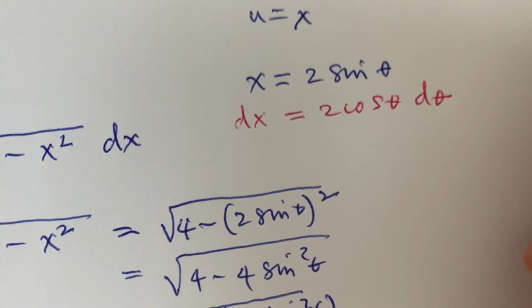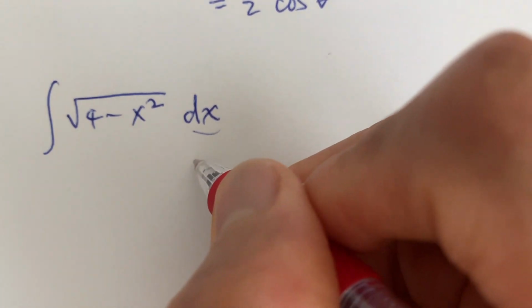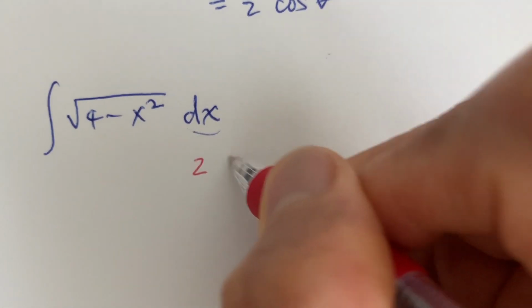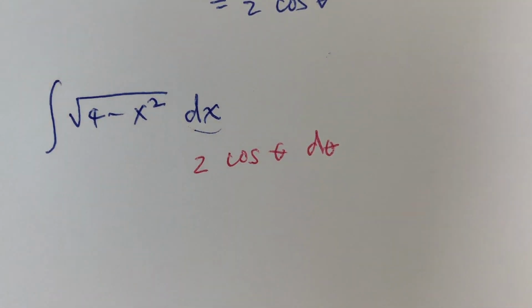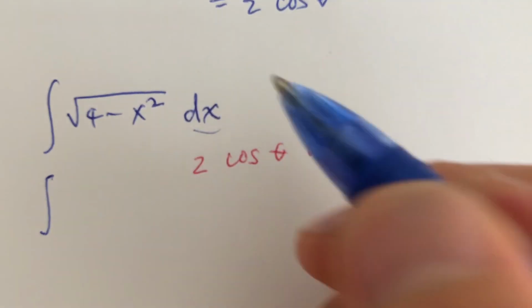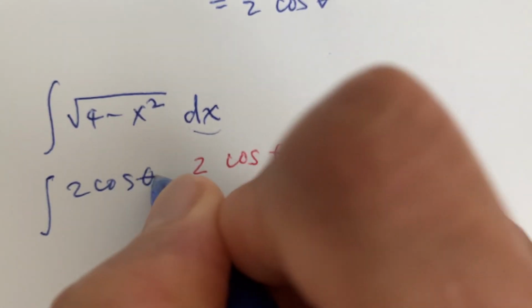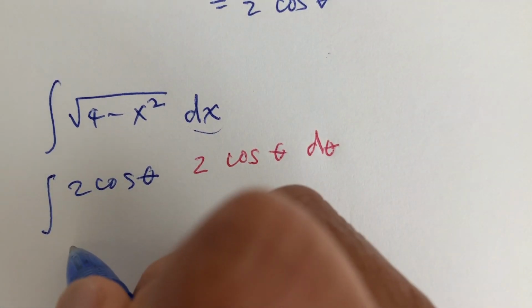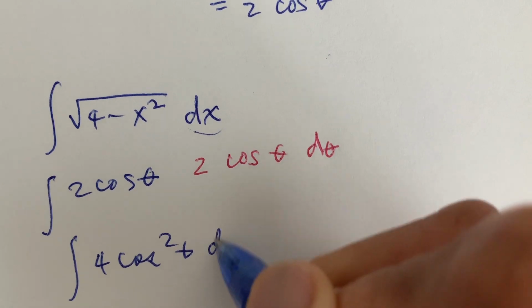Putting the two together, we will now have everything in terms of theta. So the dx is 2 cosine theta d theta, while the square root of 4 minus x squared is 2 cosine theta. So now the integral simplifies to 4 cosine squared theta d theta.